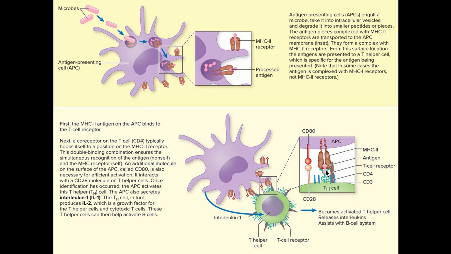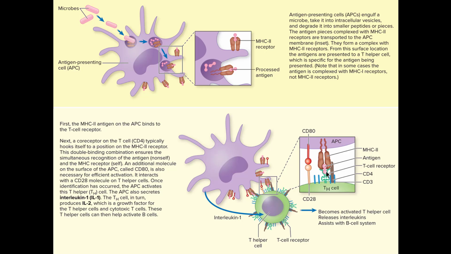So if you recall back to the previous lesson, in the first part of chapter 16, we described how VDJ recombination gives rise to billions of different lymphocyte receptors. So in your body, you have billions of different variations of these T cell receptors. And one of those, just by chance, will bind the multiple antigen types displayed by the dendritic cell. Since the dendritic cell is going to display potentially hundreds of antigens, it becomes much more likely that at least one of those lymphocyte T cells will have a receptor that matches.